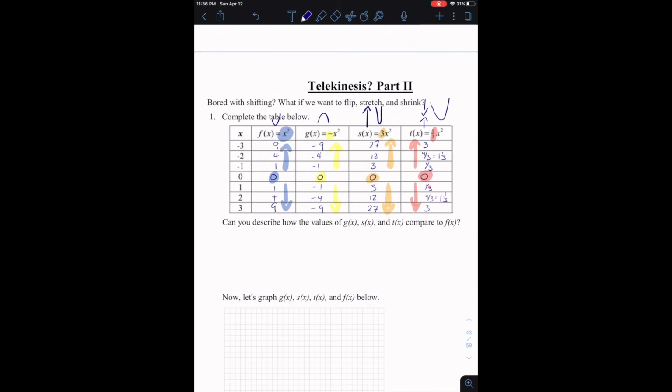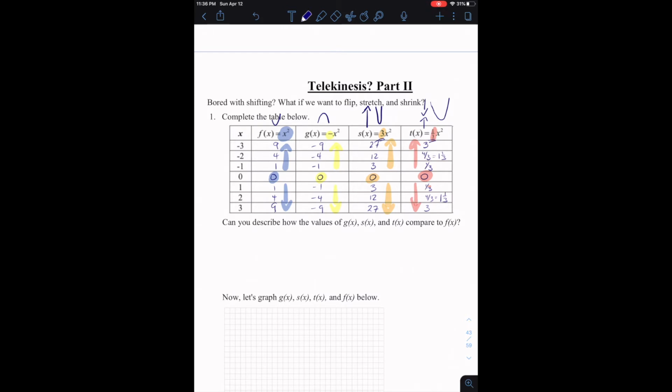Now, a lot of the textbooks will tell you that 3x squared is going to stretch it vertically, and 1/3 x squared is going to stretch it horizontally. But if you look at this, it's still the coefficient of the value of the function. It's the coefficient of the y value.